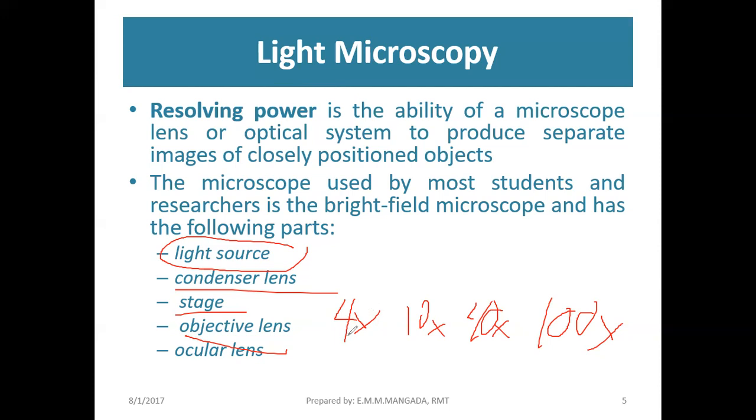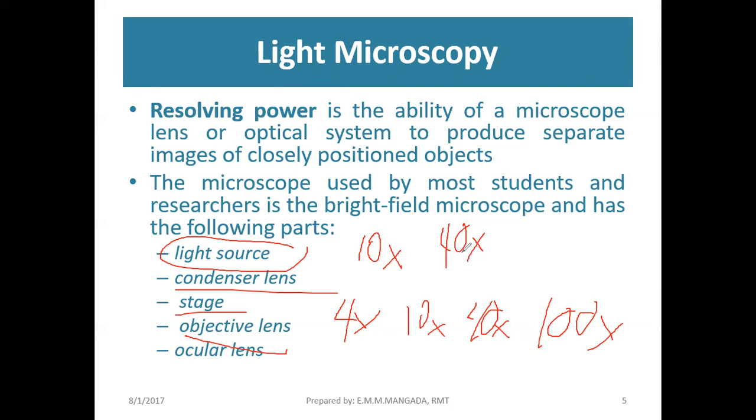ocular or your eyepiece. So if you're viewing the object under your scanning objective, that's actually 4 times magnification. You just have to multiply this with the 10 times magnification of your eyepiece. So that will give you a total magnification of 40 times. Okay.